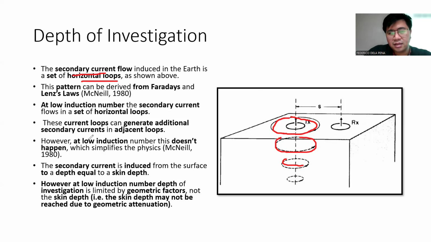Their pattern of propagation is that they initially have big loops at the shallow depths, and as they propagate to greater depths, you get smaller and smaller loops of current.